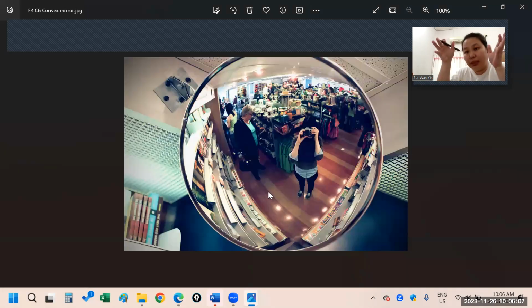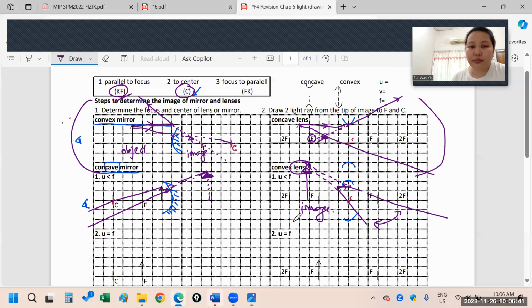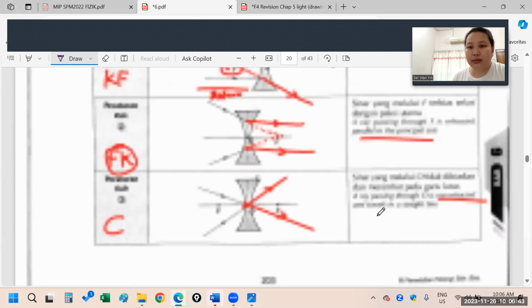So since the image diminish, we can get wider field of view. The real shop is very big, but why we can see inside a small mirror? Because the image diminish. Okay, so done.